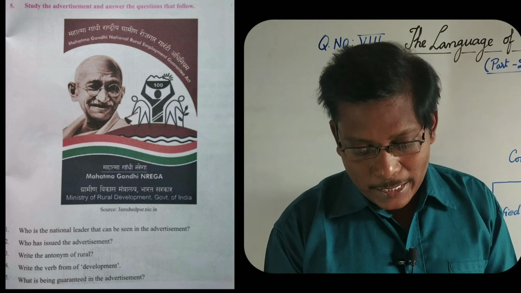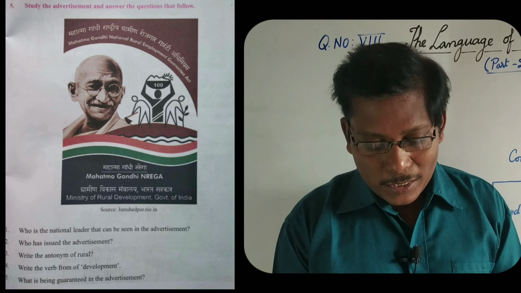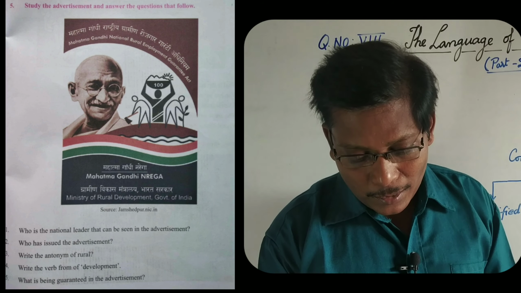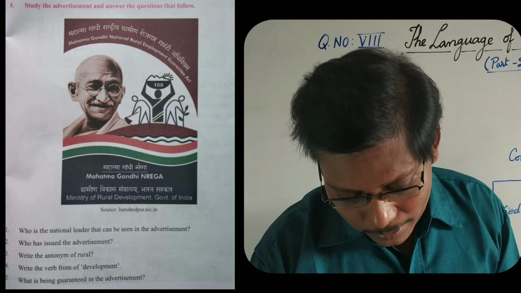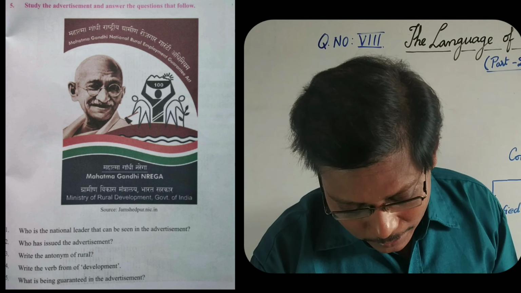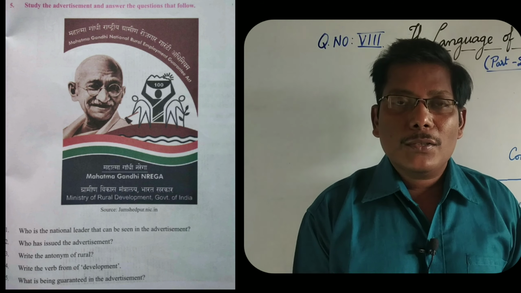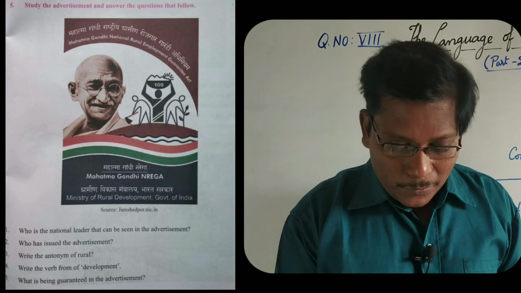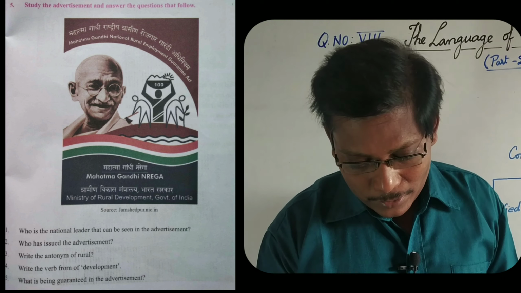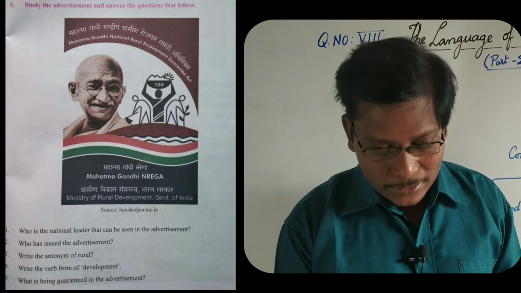Mahatma Gandhi National Rural Employment Guarantee Act, and above that line there is one more line in Hindi: Mahatma Gandhi Rashtriya Gramin Rozgar Guarantee Adhiniyam. This advertisement is given by the Government of India, I think, because it is talking about the National Rural Employment Guarantee Act.